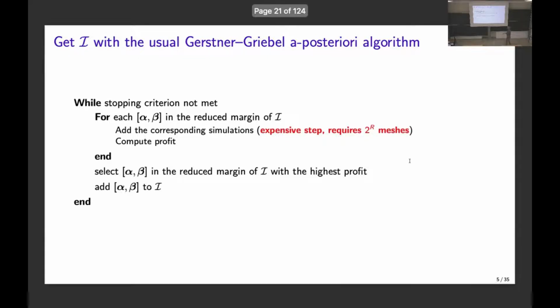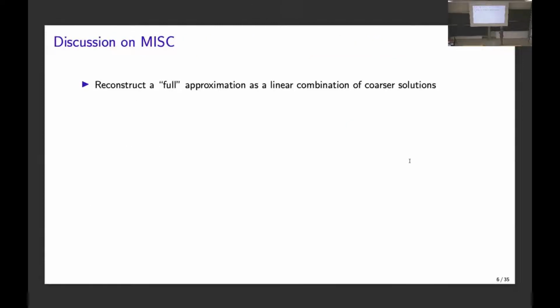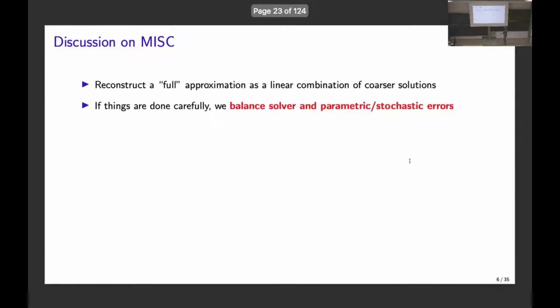Okay, good enough. And so the idea is that you reconstruct these full approximations, a linear combination of a lot of coarser solutions. And because every time we're testing either refining the mesh or adding more samples, if you do things carefully, you can balance the sampling error and the resolution error. And as I said, I'm using a multi-index alpha for the spatial discretization.